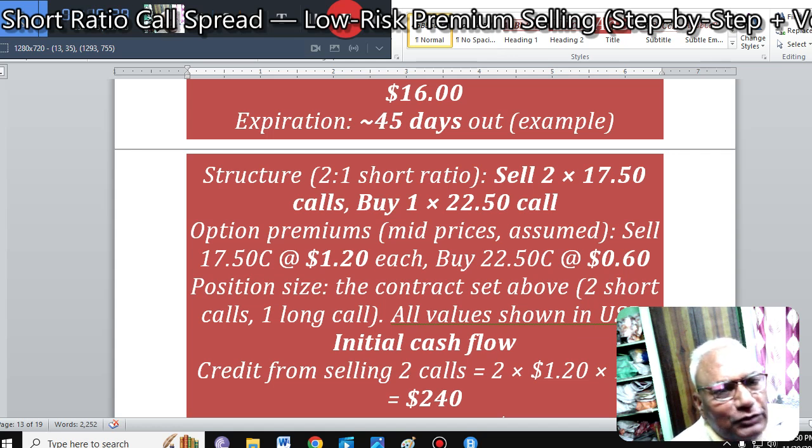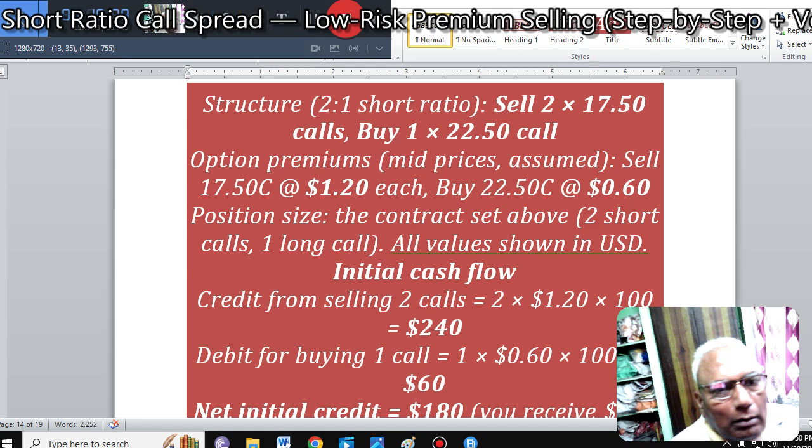Sell the 17.50 calls at a price of $1.20 each, buy the 22.50 call at a price of $0.60. Position size: the contracts are 2 short calls and 1 long call, and values are shown in USD.